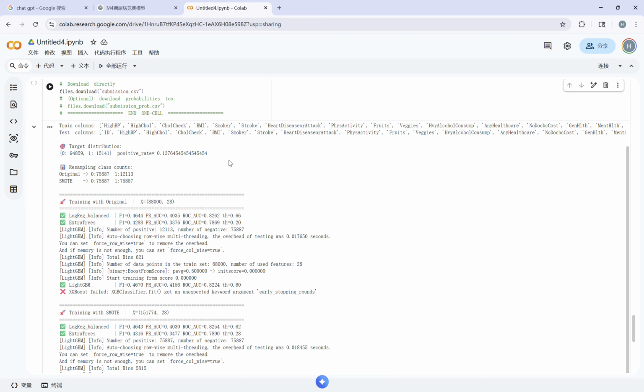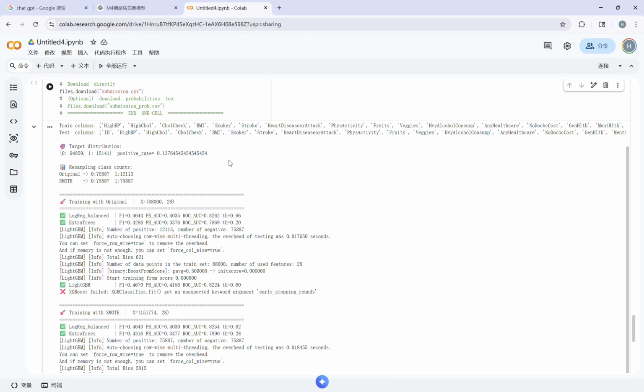This also tells us that for this dataset and configuration, SMOTE did not provide a consistent advantage. That outcome is not unusual. Tree-based models can sometimes learn artificial patterns from synthetic oversampled data that do not transfer as well to the real distribution.